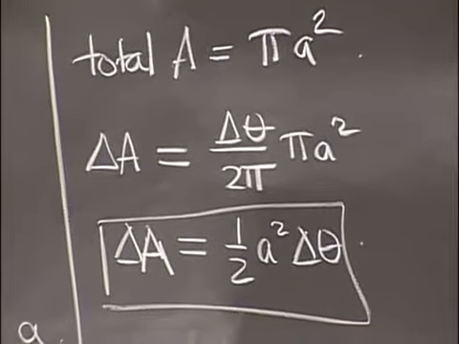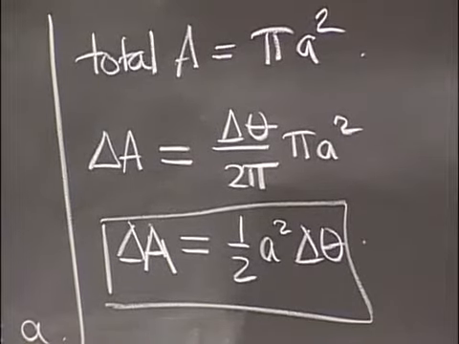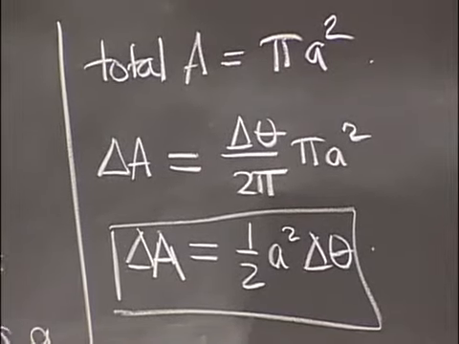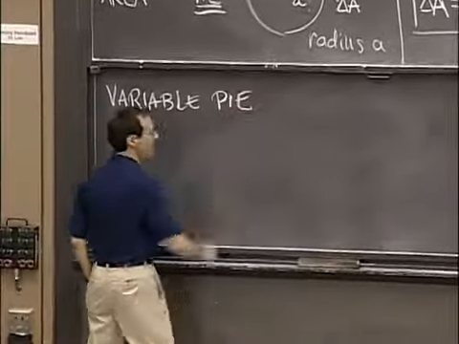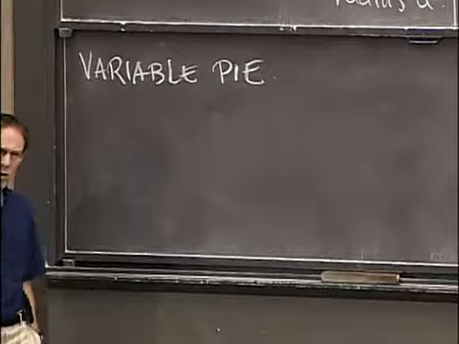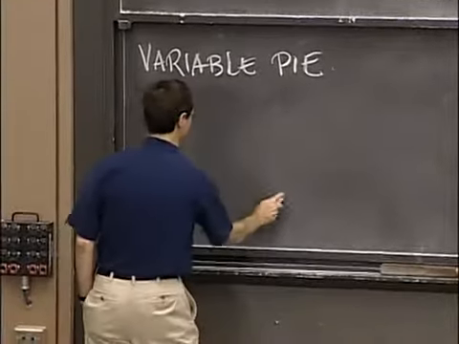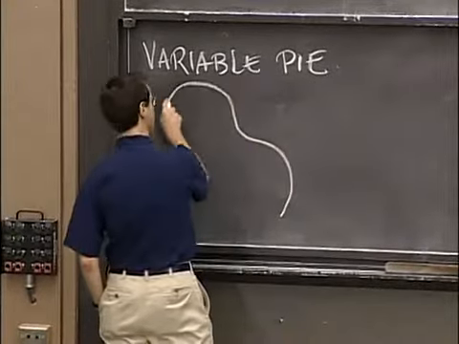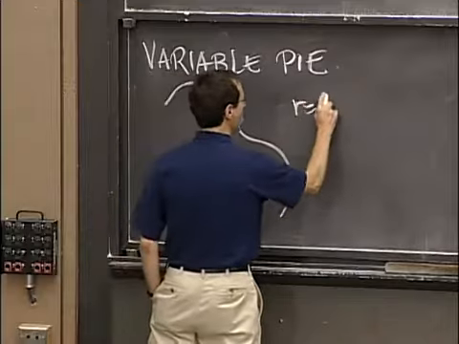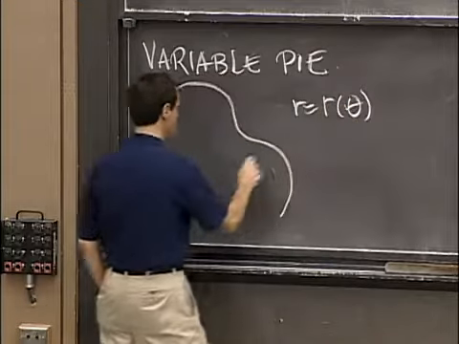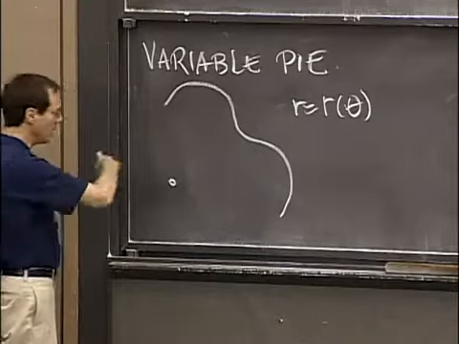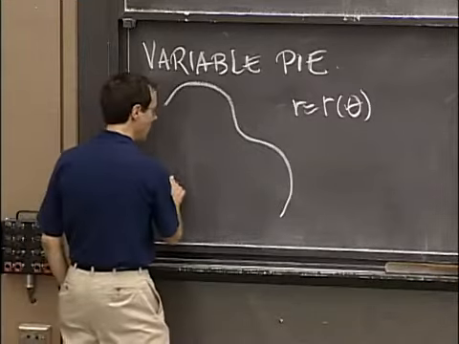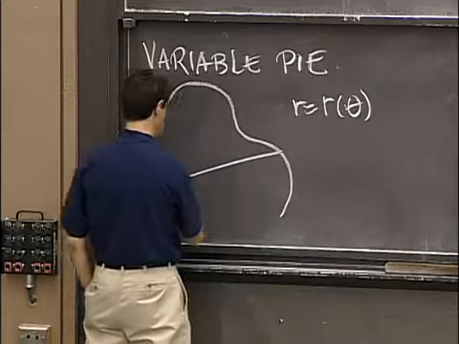And now what we need to do is to talk about a variable pie. That would be a pie with a kind of wavy crust, which is coming around like this. So r is equal to r of theta. The distance from the center is varying with the place where we are, the angle where we're shooting out.